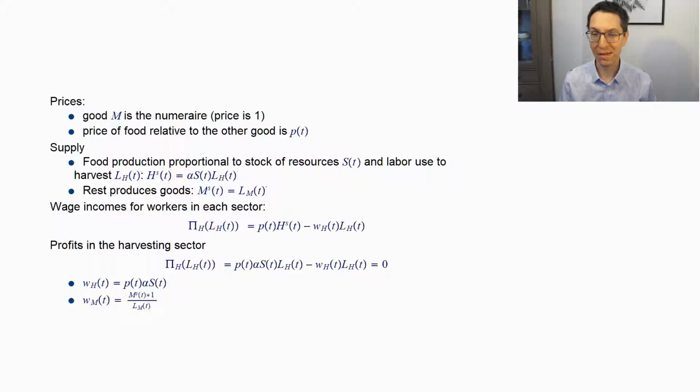And of course, we have this linear production function, so we can just substitute M^S_t with its production, L_M,t, and find that the wage rate will simply be equal to 1.